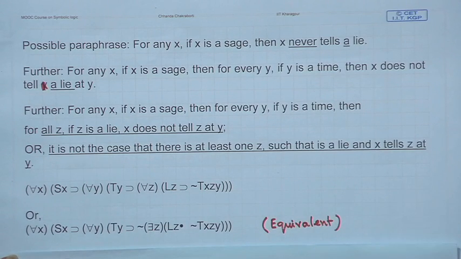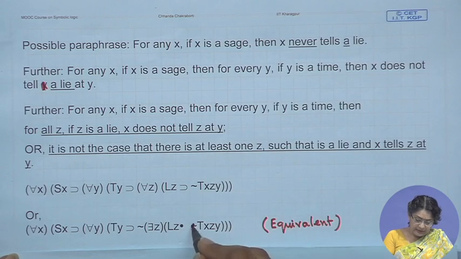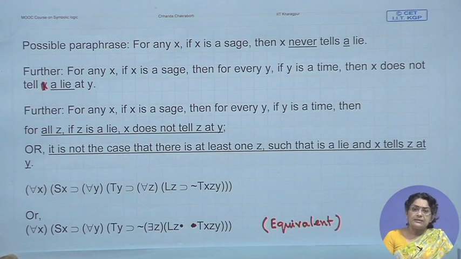The equivalent would be something like this: for all x, if x is a sage, then for all y, if y is a time, then it is not the case that there exists at least one z such that z is a lie and x tells z at y.